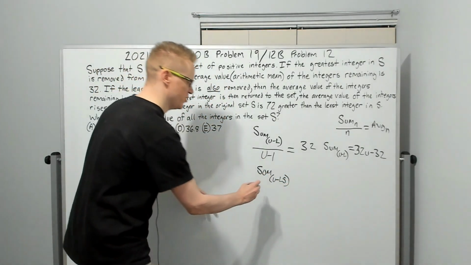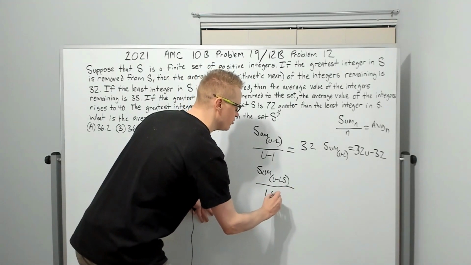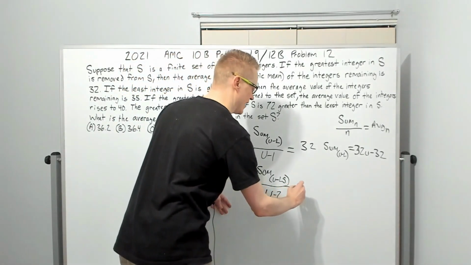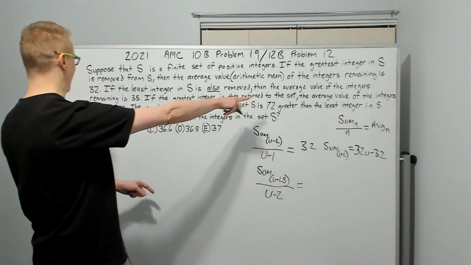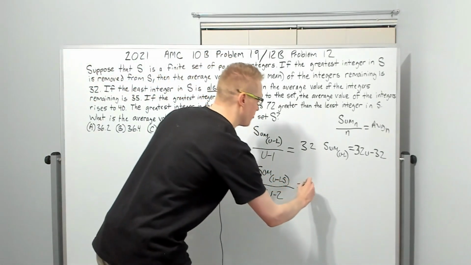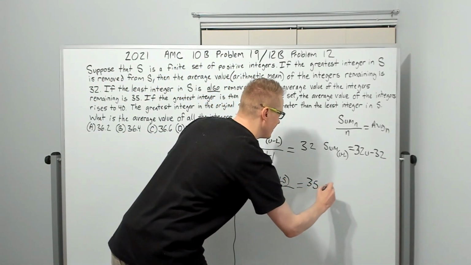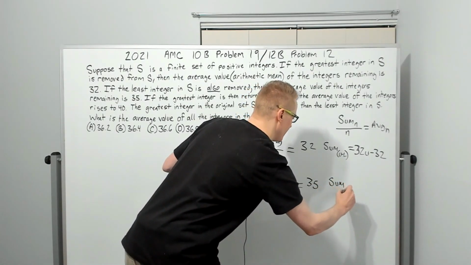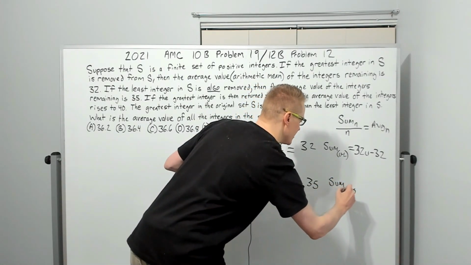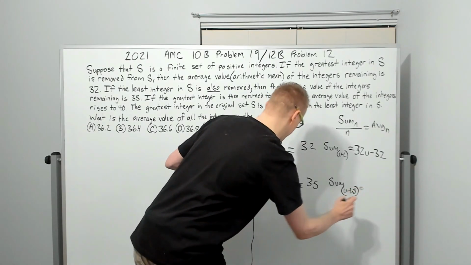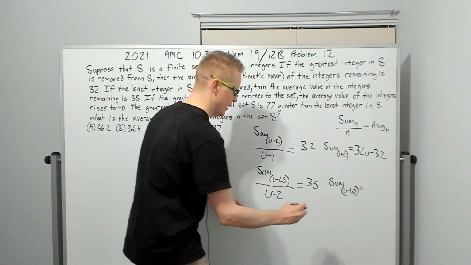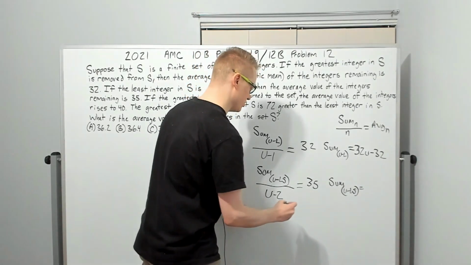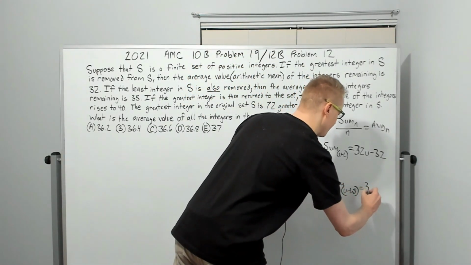So they're both removed, so now we've got 2 fewer terms than the universal set has in it. The average of the integers remaining is now 35. And again, you will get the sum of U minus largest and smallest is going to equal 35U minus 70.